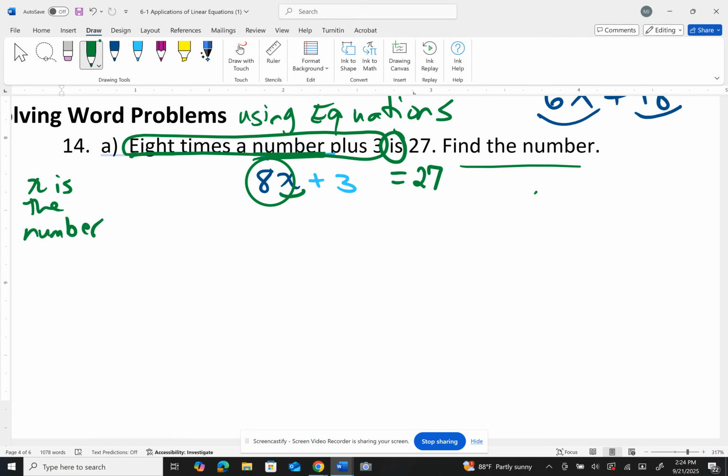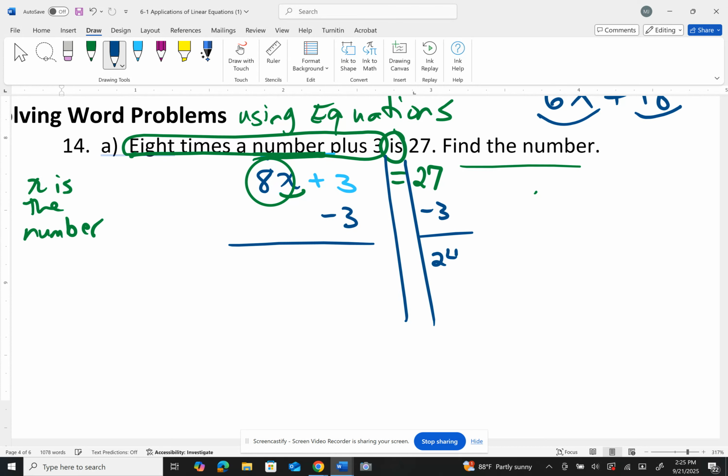Now, once you get that, all you've got to do is solve using what we did earlier. So if I have plus 3, I'm going to subtract 3. That's going to give me a 24 on the right and an 8x on the left. And then I'm going to get rid of the 8 that's being multiplied by x by dividing by 8 and getting x equals 3. Okay?